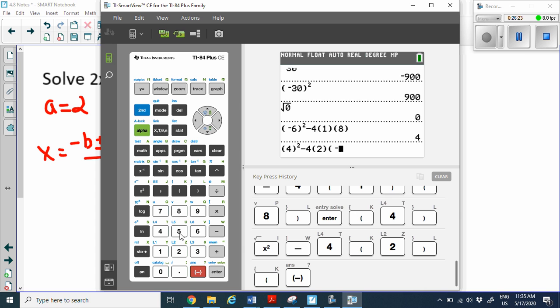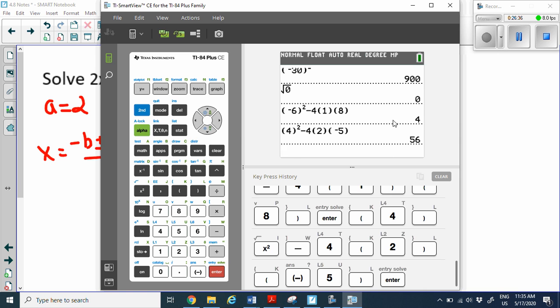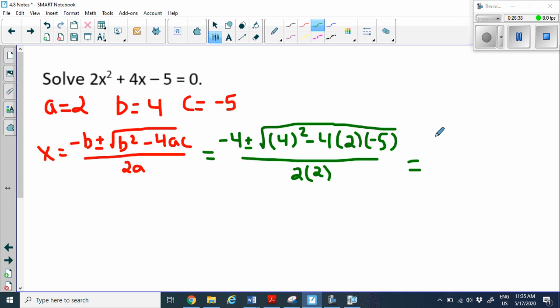Don't forget the negative for the 5. So make sure you put it in correctly, because if you miss a sign, like a negative sign, it will give you the wrong answer. So be careful. Okay, we get 56. So I have negative 4 plus minus square root of 56 all over 4.